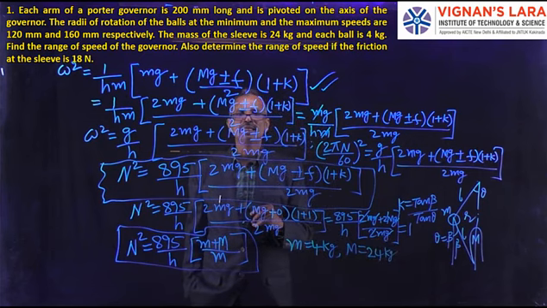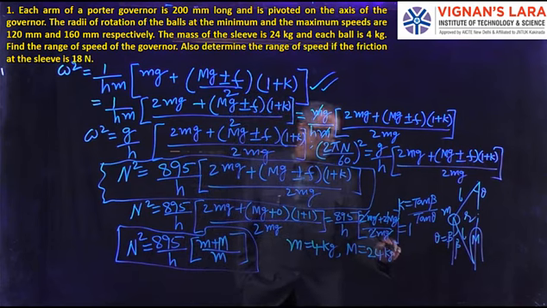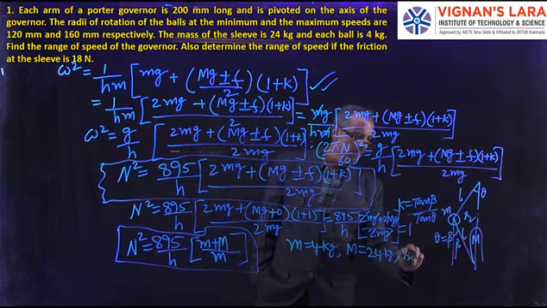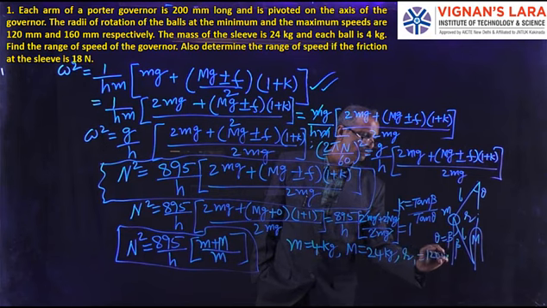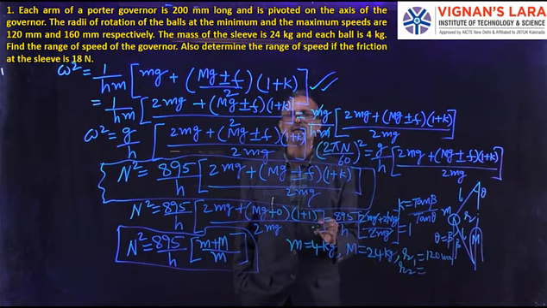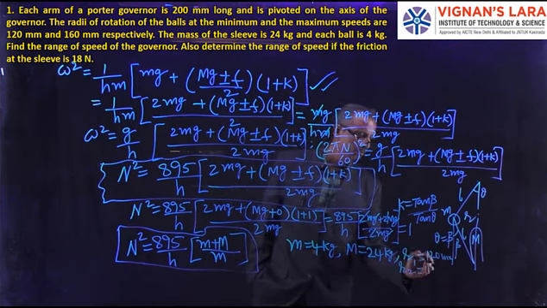Then what additional data do we have? There are radii of rotation R1 and R2. R1 is 120 mm, R2 is 160 mm.